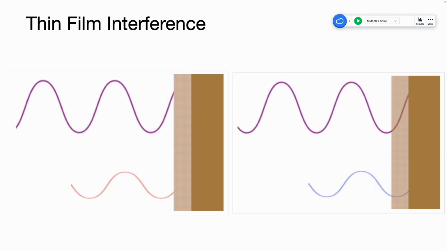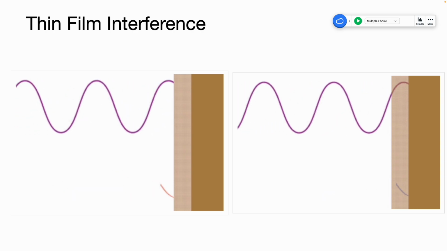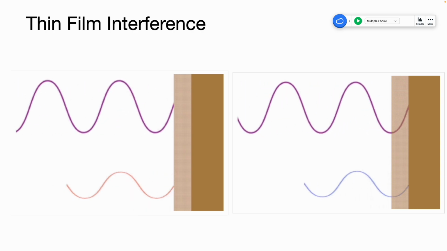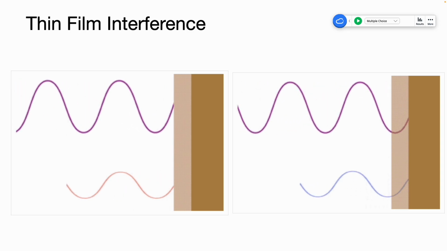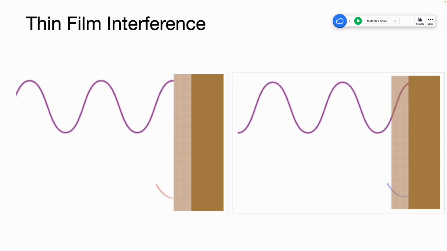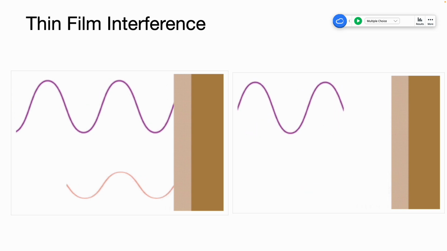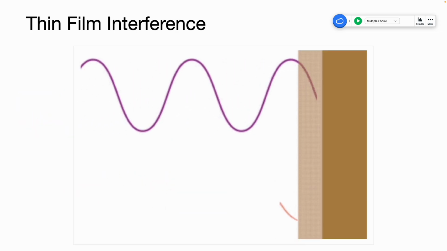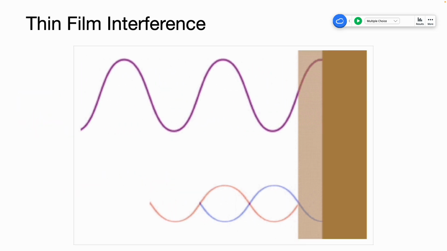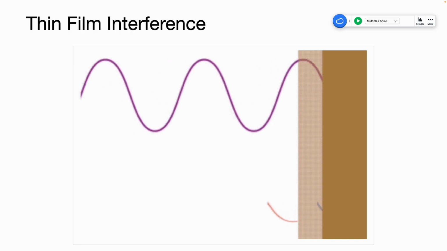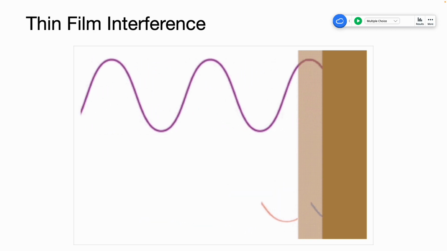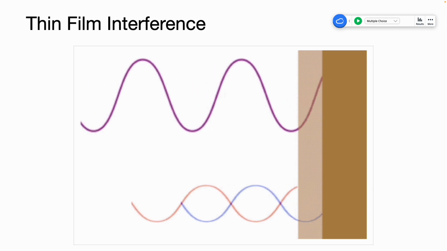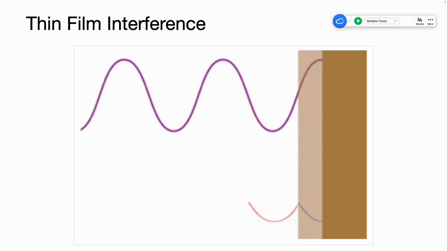So when the wave hits a boundary, it will be partially reflected and partially transmitted. When you have a film, it can cause a wave to split into two, and these two waves can have interference.